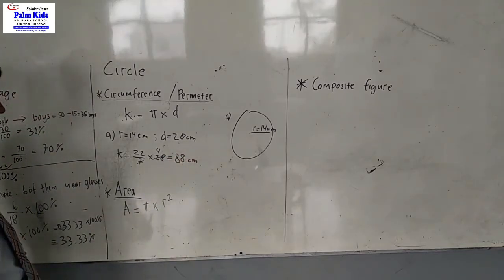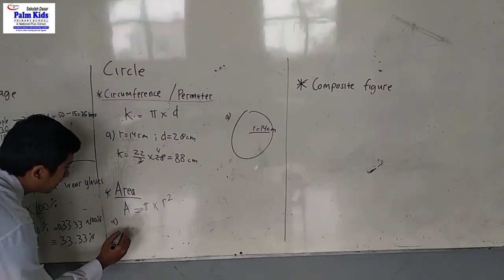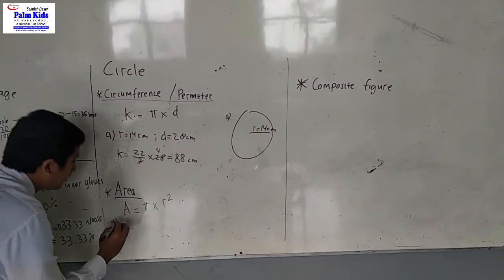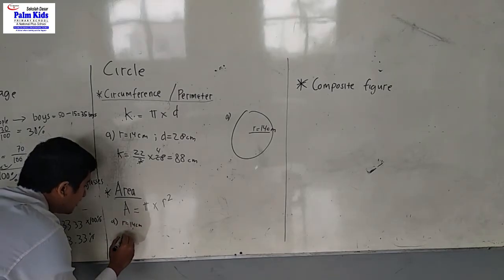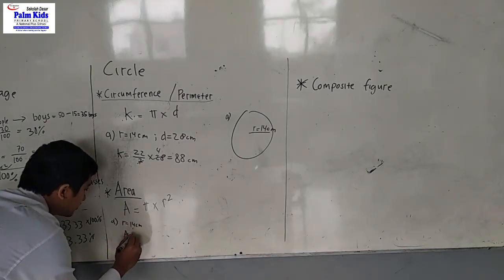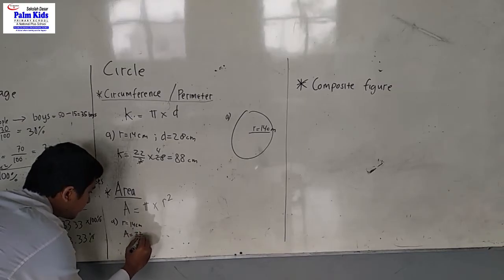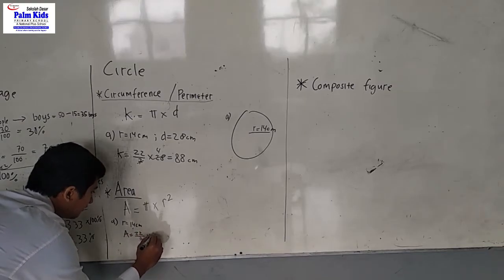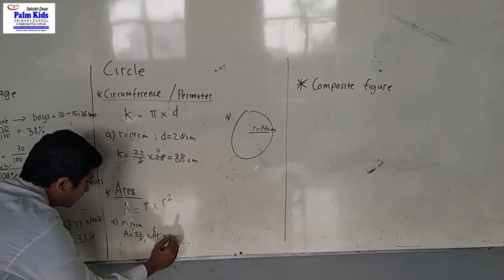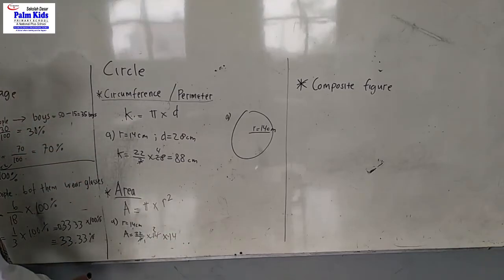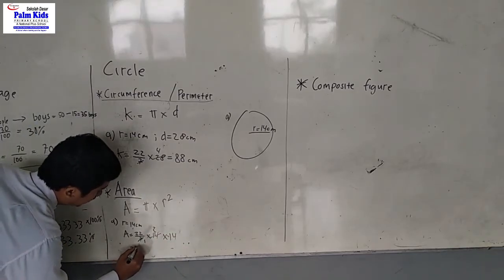Now to the area. You already have r, so write r equals 14 centimeters. Then you have to find the area, which is 22 over 7 multiplied by 14 multiplied by 14. You can cross this. 22 multiplied by 2 is 44.